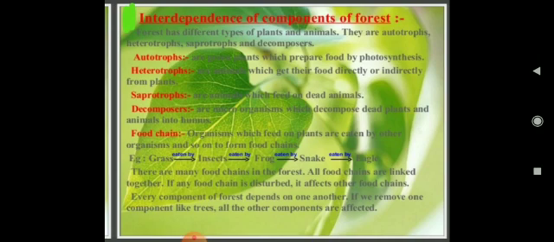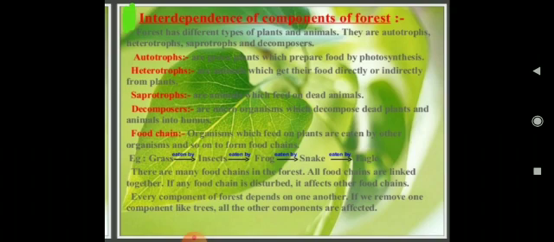right? So forests are perfect recycling factories of nature, and all the nutrients are recycled. Here nothing goes waste. Like here you can see grass is eaten by insects, then the insect is eaten by the frog, then the frog is eaten by the snake, and then the snake is eaten by what? Eagle. There are many food chains in the forest, all linked together, and if any food chain is disturbed, it affects other food chains, right?